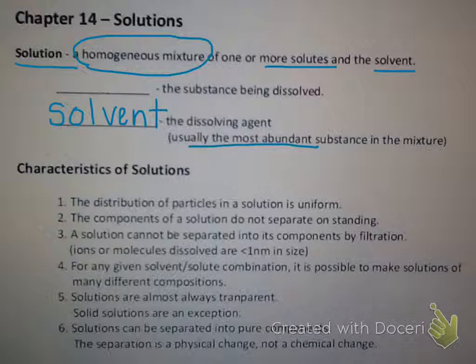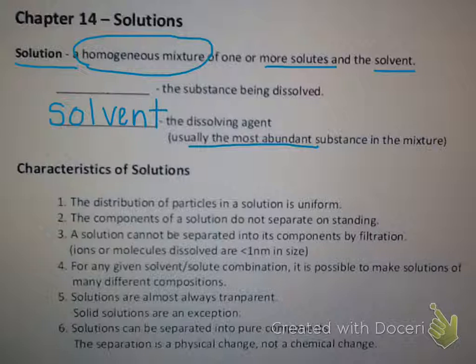What if you put two liquids together, like ethanol, which is a liquid, and water? This is where most of your alcohol mixture comes from, actually. There's usually alcohol and water. Well, if you have two liquids together, the dissolving agent, or the solvent, is usually the one that's more abundant. So let's say I make a mixture of 50 milliliters of ethanol and 100 milliliters of water.